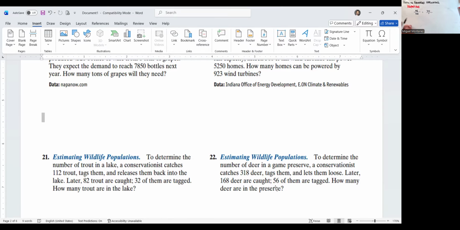That's why we set up the proportion. We took a subset of 168, and out of those, 56 were tagged. If 318 were tagged, what was the total population? In this case, x will be the unknown; we cross multiply and solve accordingly.